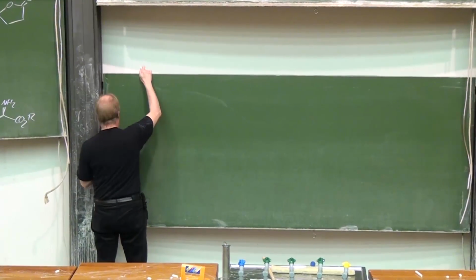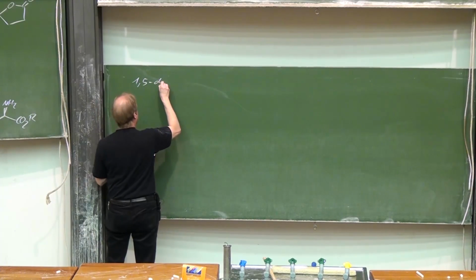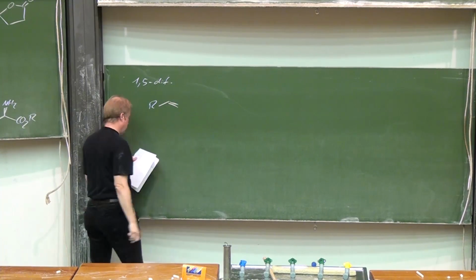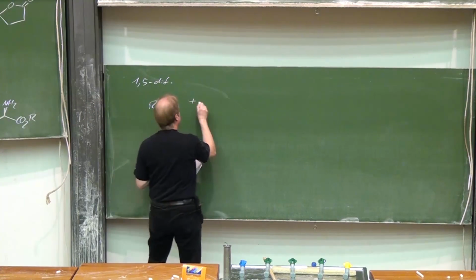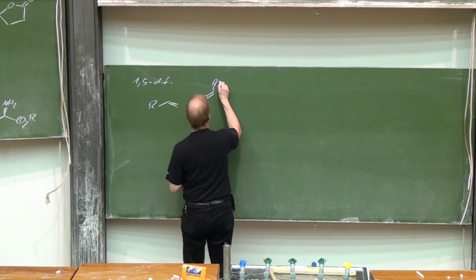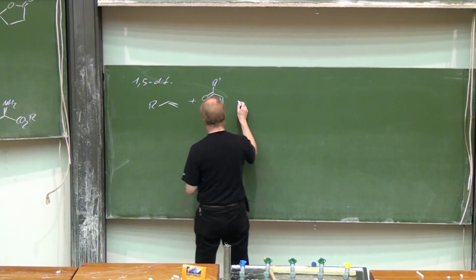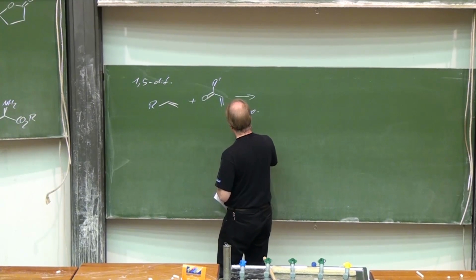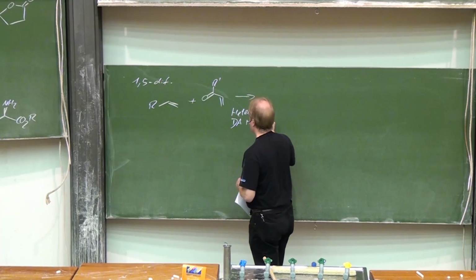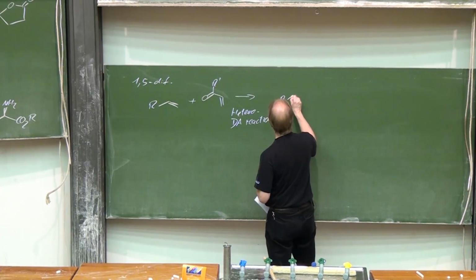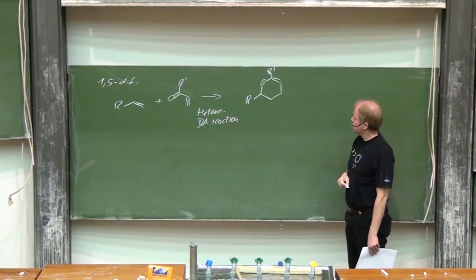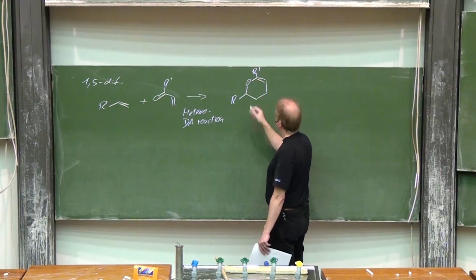But finally, we will now see an example for really 1,4 difunctional compounds, and again a cycloaddition reaction, again a hetero-Diels-Alder process. Here we have an enol ether.